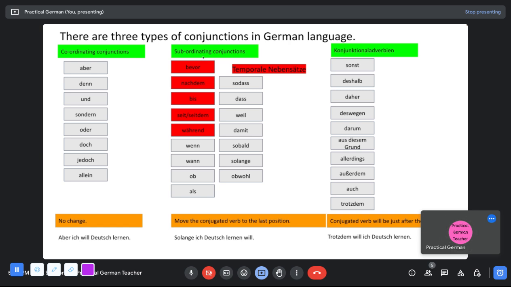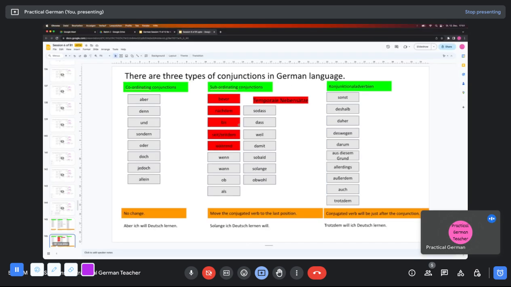You can say bis 6 Uhr, seit 6 Uhr, während. They are describing a time factor. The other ones don't do that. No one is going to ask which ones are temporal Nebensätze. Maybe if you decide to become a German teacher they will ask you, but you don't need to know this. I should mention it so that I have mentioned it.